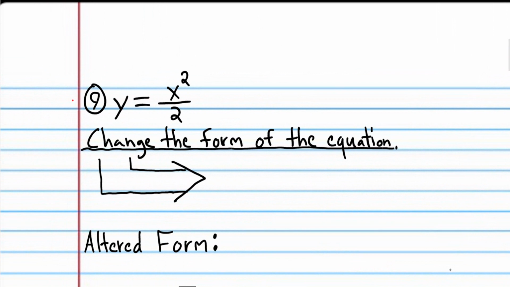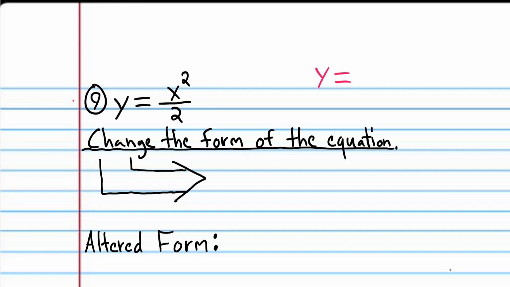You know that when you divide x by 2 in an equation, you multiply all the x values of the graph of the previous equation by 2. But in this situation, we're not dividing x by 2. We're dividing x squared by 2. It's not the same thing.